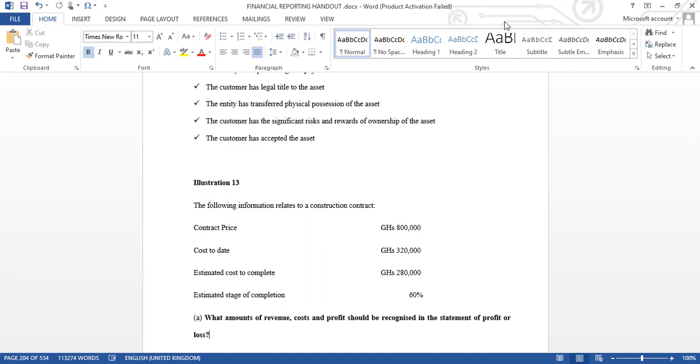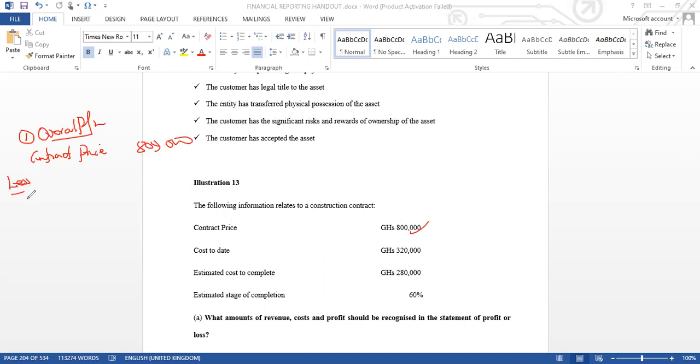One is a contract. Number 1, we said what? Overall P&L. How do you do your overall P&L? You take the contract price, which is 800,000, and you less what? The total cost.